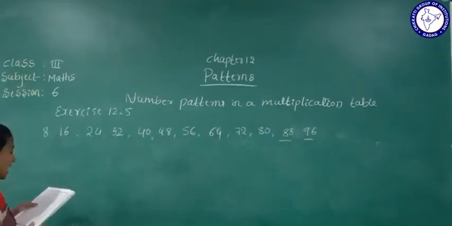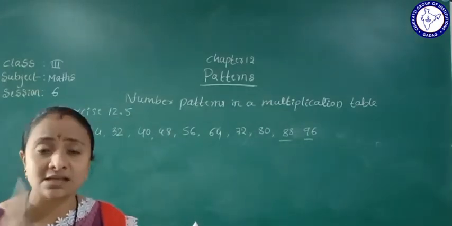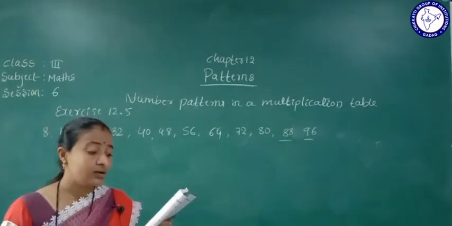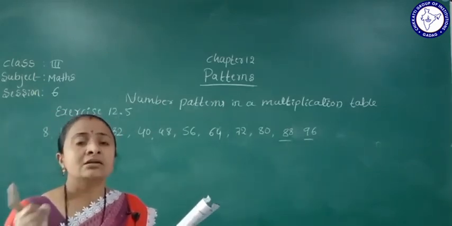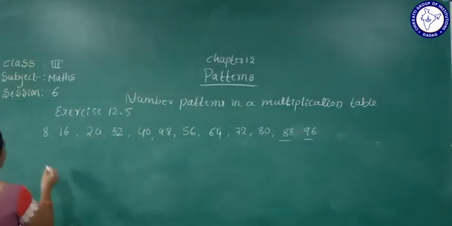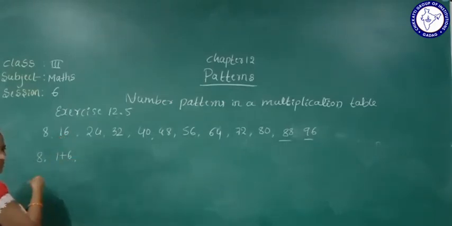So here we are adding the digits in a number till we get a single digit. Understood? So we are adding the digits in a number till we can get a single digit. Yes, we'll start here with 8. Okay, here 16 means 1 plus 6.